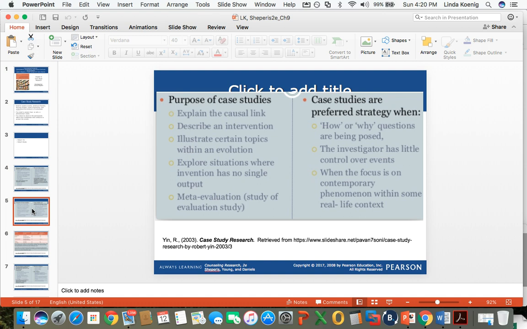And particularly, I've become interested in compassion fatigue related to opiate addiction. This is not something that we could manipulate or control, but we could choose cases of families where someone has developed an addiction and do some case studies related to that. And this would be the perfect type of situation that would lend itself to that type of research.